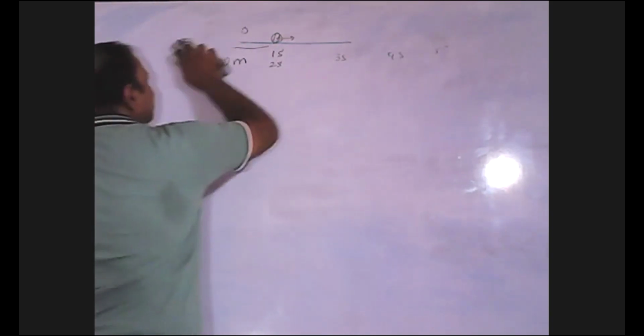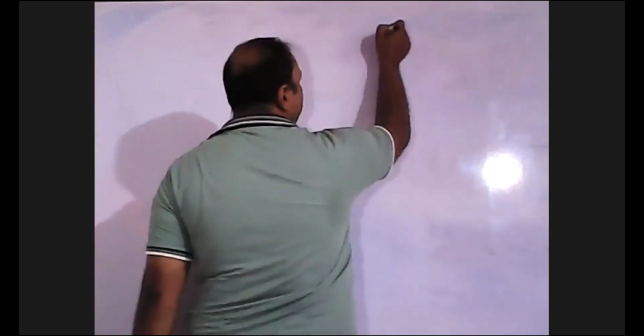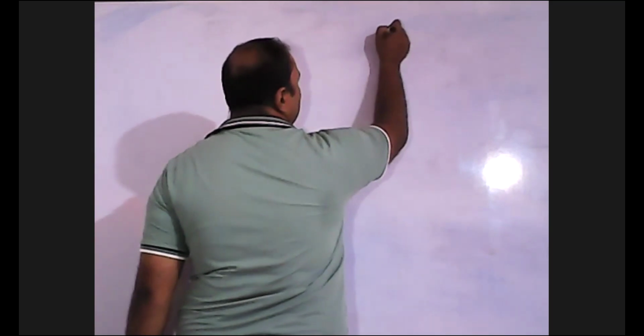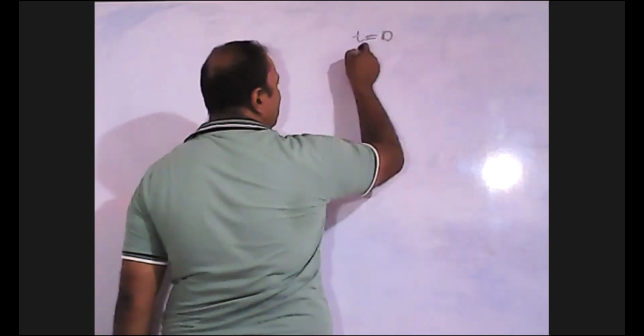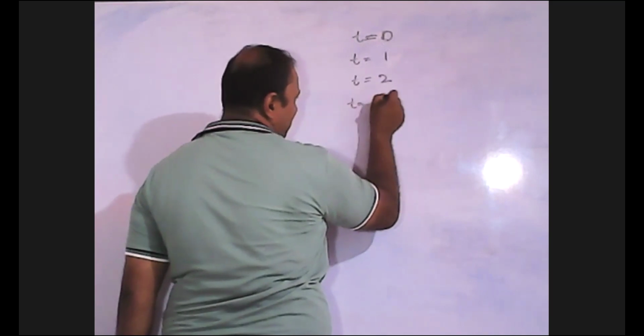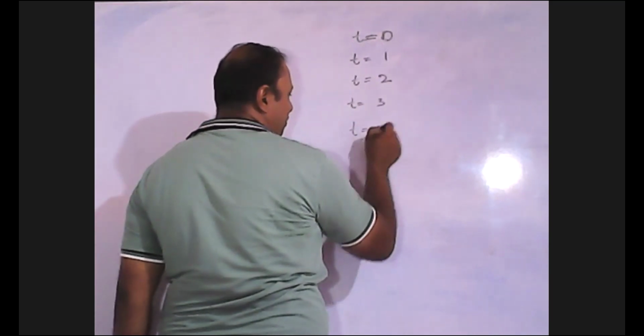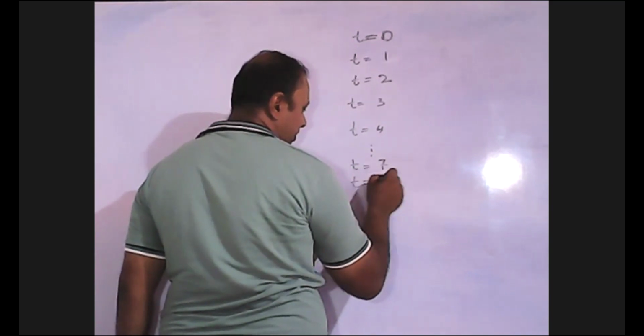Okay. Suppose I break down the time. This is first, t equals 0. Then t equals 1, t equals 2, t equals 3, t equals 4. Likewise t equals 7, 8.